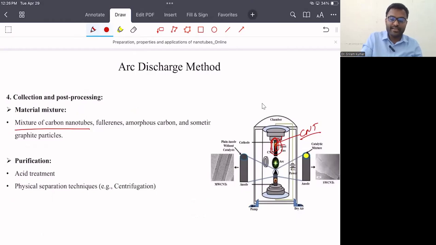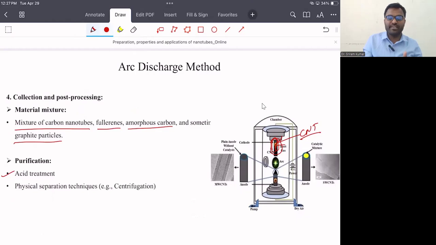We may get a composition of CNT, fullerene, amorphous carbon, and sometimes graphitic particles as well. So we need to collect the material deposited on the cathode, but since it has this composition, we need to purify it. For the purification, we can use two kinds of methods.